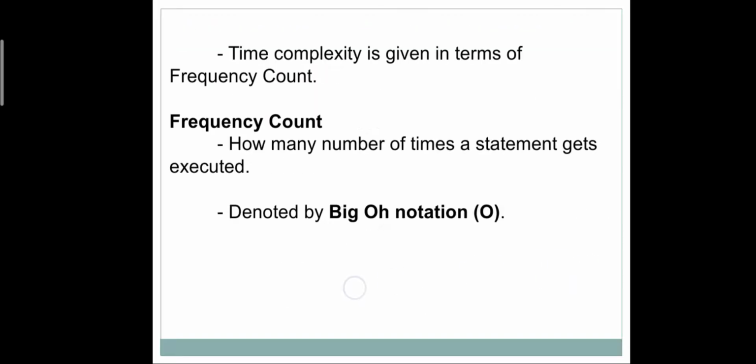To overcome these difficulties, time complexity is calculated in terms of frequency count, which is the number of times a statement gets executed. Time complexity is denoted by big O notation.